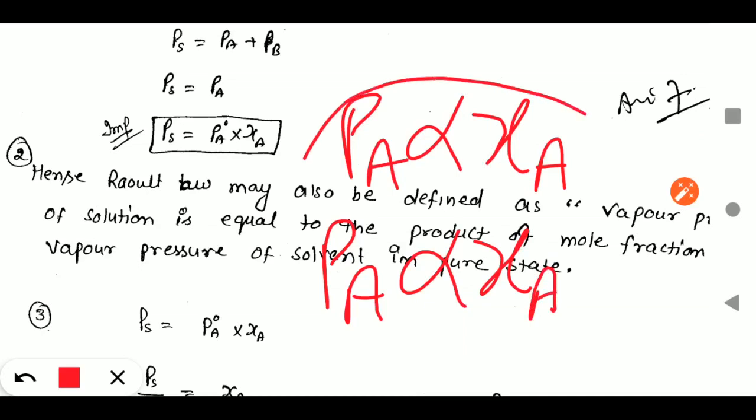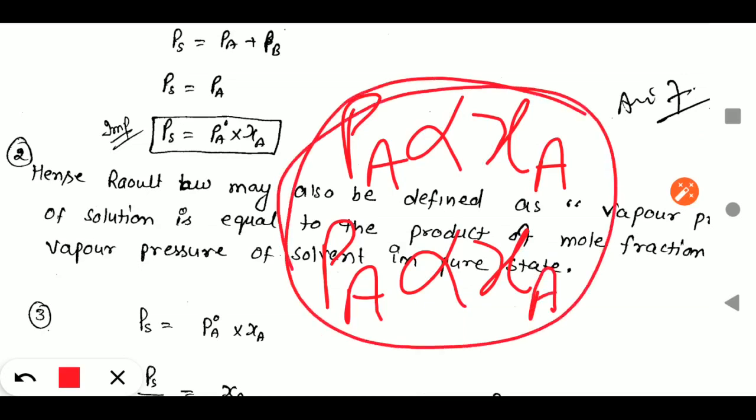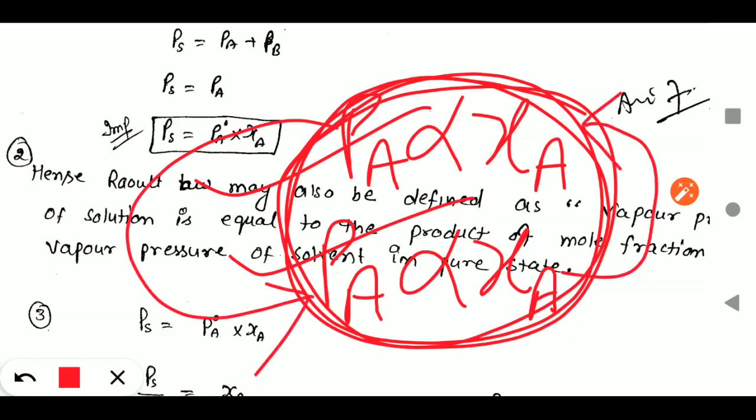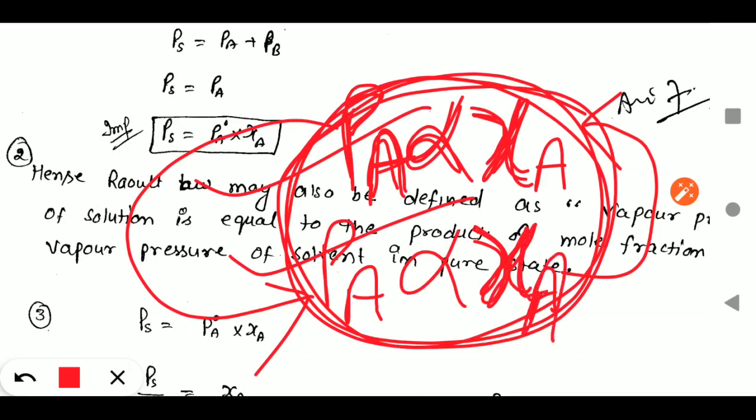So mathematically both laws, Raoult's law and Henry's law, are similar. So this may be the question: how is Raoult's law a case of Henry's law, or how is Henry's law a case of Raoult's law. You will say in both cases vapor pressure or partial pressure is directly proportional to the mole fraction of that gas, or you can say of that component in the solution.